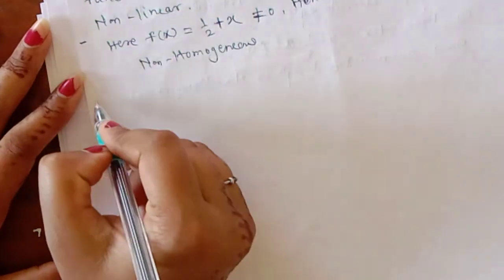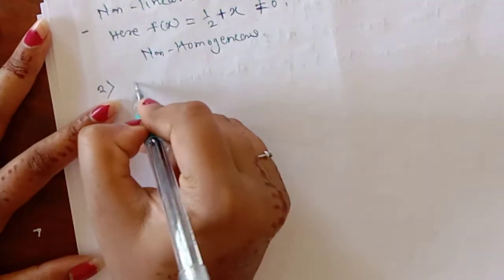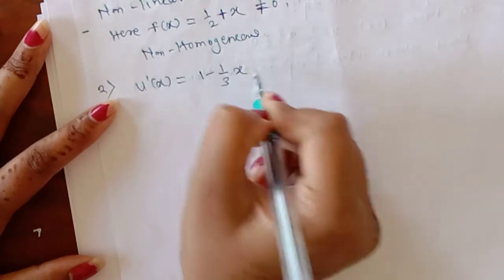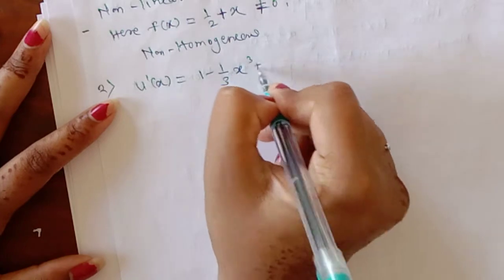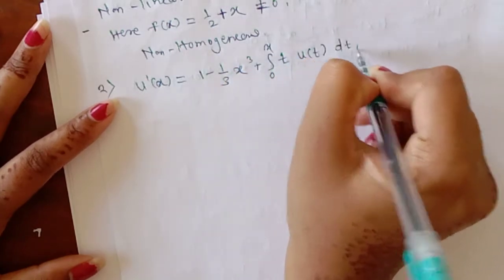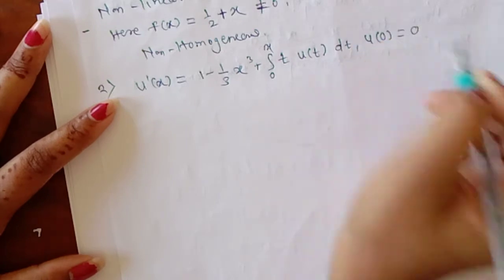Now the next example: we are given the integral equation u dash of x is equal to 1 minus 1/3 x cube plus integral 0 to x of t u of t dt, and u of 0 is equal to 0.